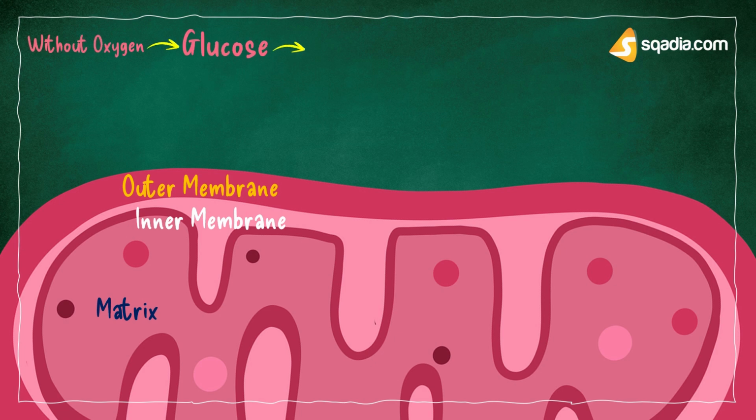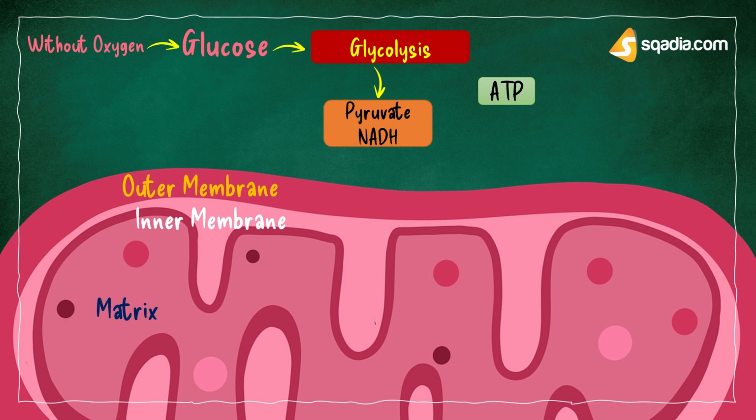Glucose is first converted to pyruvate in the cytosol by glycolysis, producing in the process a small net amount of ATP and reduced nicotinamide adenine dinucleotide, NADH. Glycolysis does not require oxygen, so when oxygen is limited, this anaerobic respiration can supply some ATP, with NADH being reoxidized to NAD+ by the metabolism of the pyruvate to lactate.